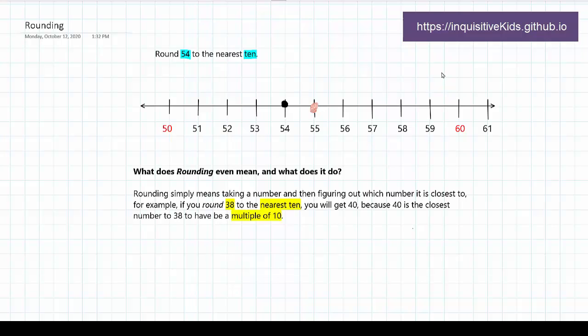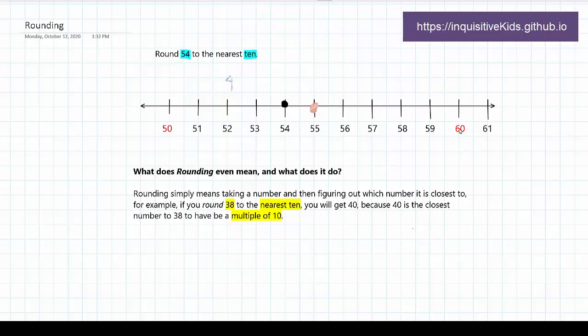And to make sure, try doing this. First ask yourself, what is the difference between 50 and 54? Remember, difference means the answer to a subtraction problem. 54 and 50 have a difference of 4. So over here, you can write 4.